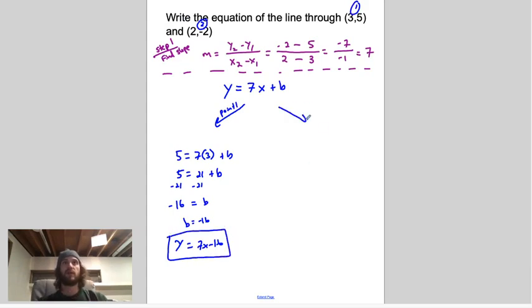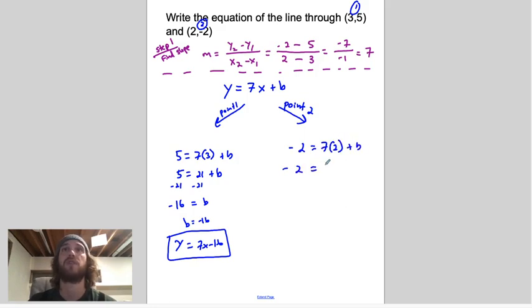And then over here, point 2. Okay, point 2, we are going to plug in -2 for y is equal to 7 times 2 plus b. So -2 is equal to 14 plus b, subtracting 14 from both sides, will give us b equals -16.